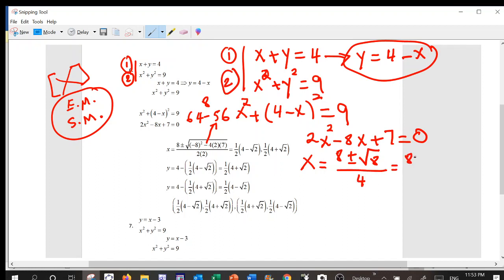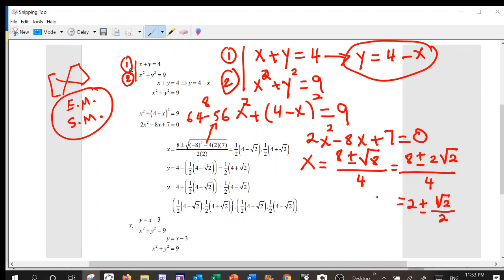Well, square root of 8 is 2 square root of 2, so divided by 4, 8 over 4 is 2. So it's going to be 2 plus and minus 2 square root of 2 over 4. We can simplify it and make this 2 plus and minus square root of 2 over 2, right? If you simplify it. So that's what we're going to get.